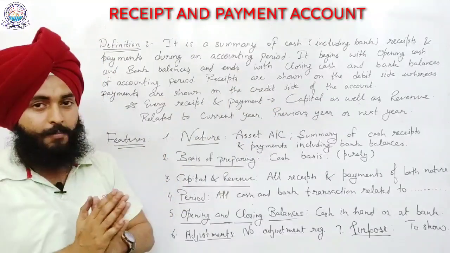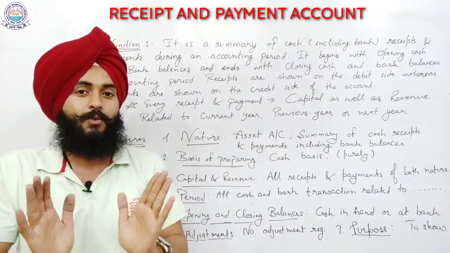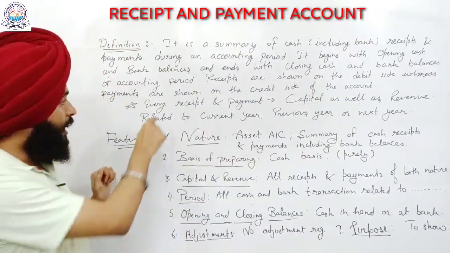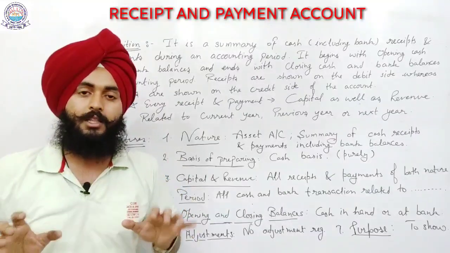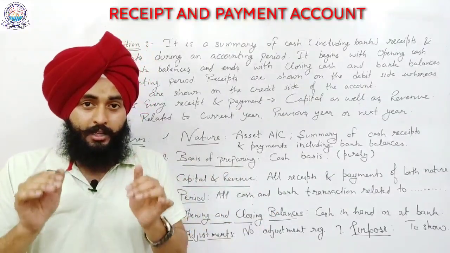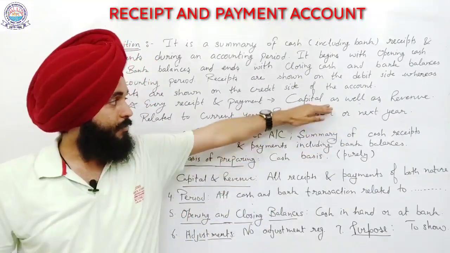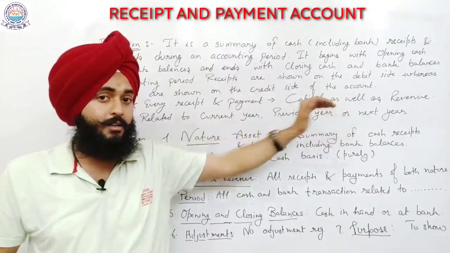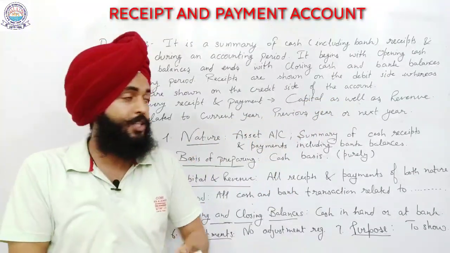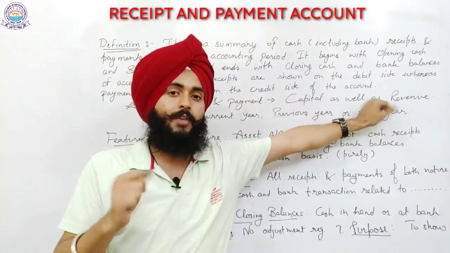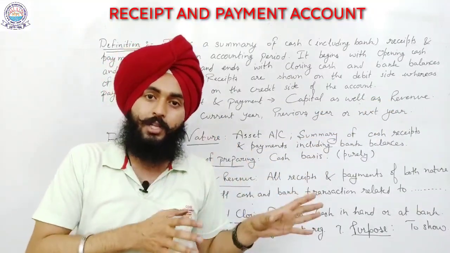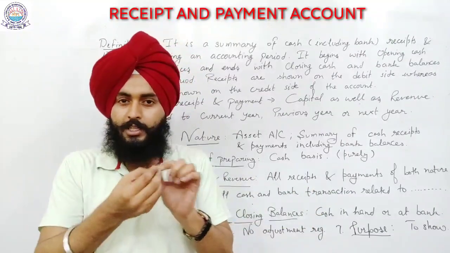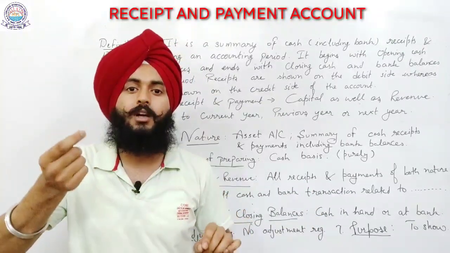Now the next main thing, which is very important for you to understand: every receipt and payment we will record in the receipt and payment account, whether those are of capital nature or of revenue nature. So what is the difference? Let me tell you an example.